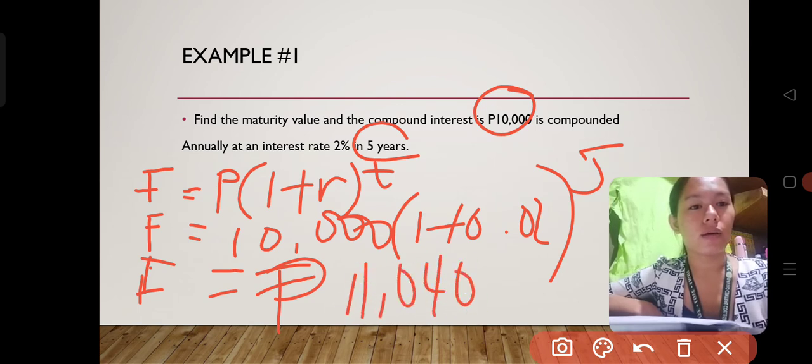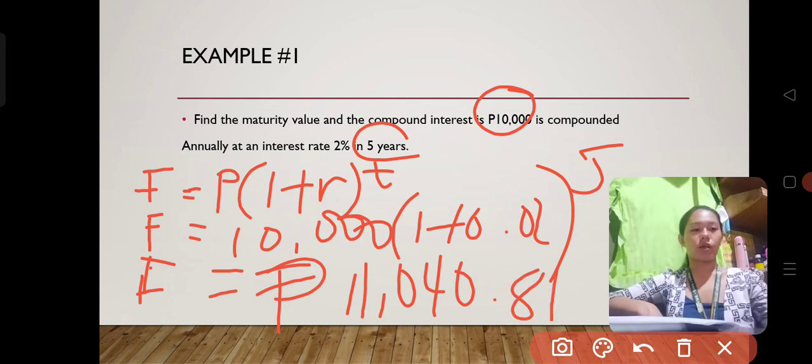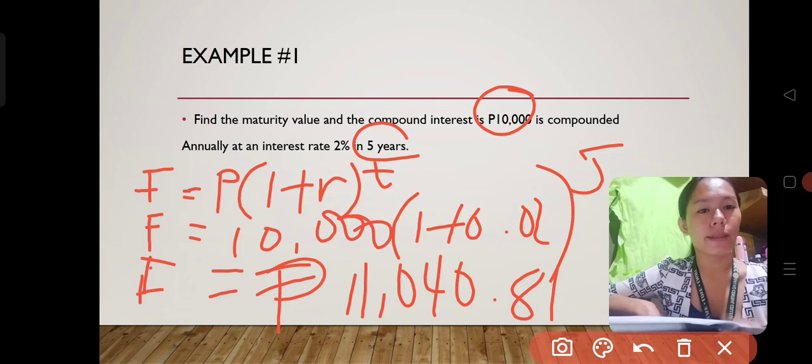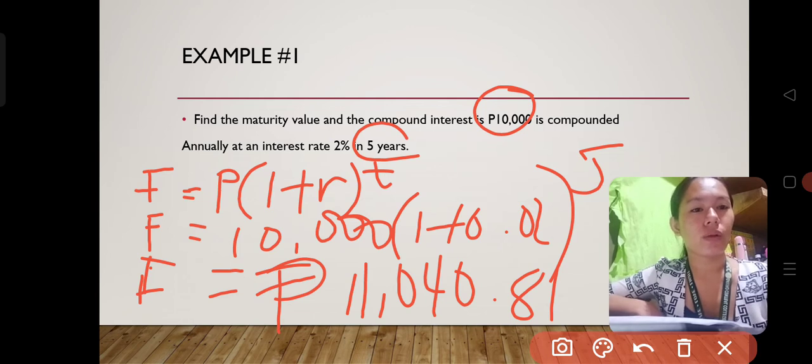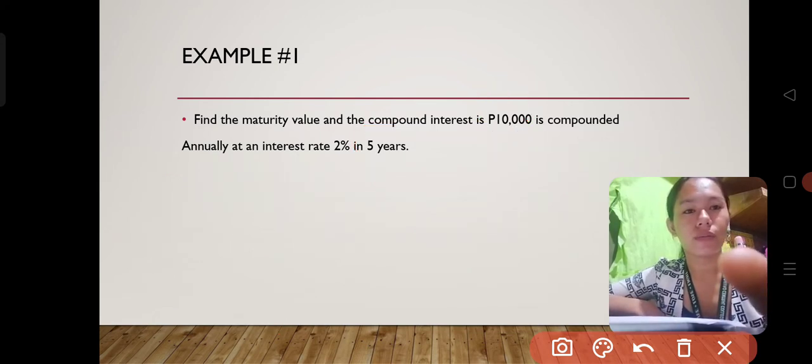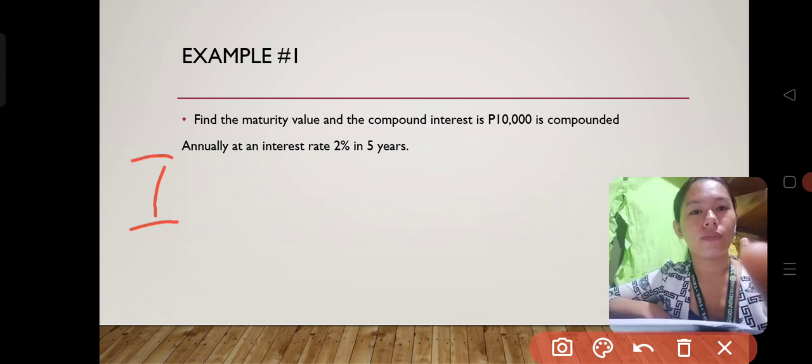Since nakuha na natin yung maturity value, we're going to get the compound interest. So, this is the formula of the compound interest.